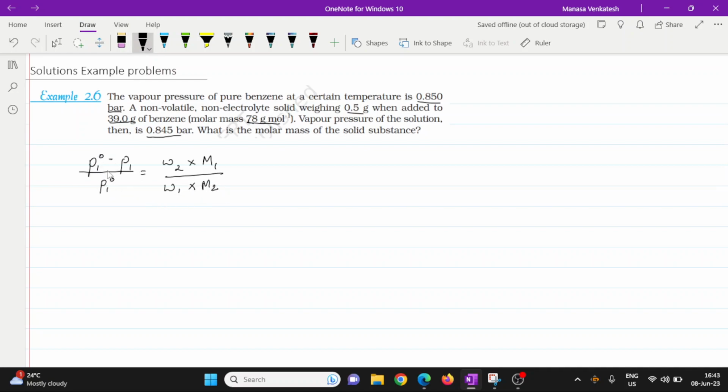P1 is related to our solvent and 2 is going to be our solute. So we need to figure out the value of the molar mass of the solute.